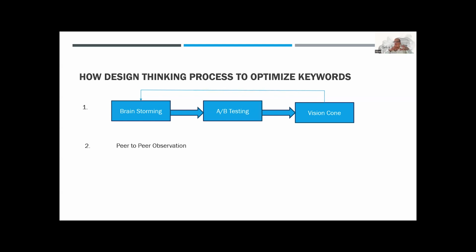What set of keywords are we using now? And we should also have the stack of words we are expected to use in the future, after 6 months or 1 year. We may segregate that, like in the next 6 months we will be using this, then after that we'll be using this kind of keywords.